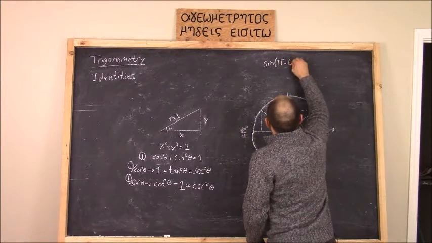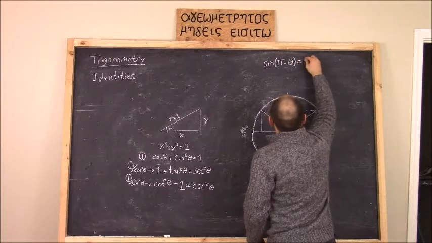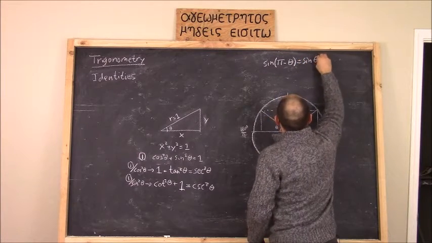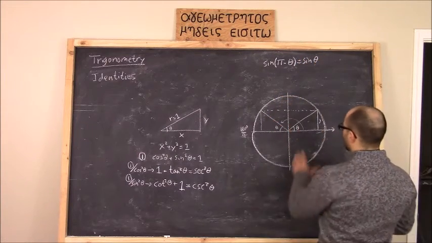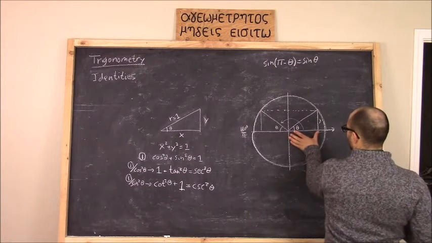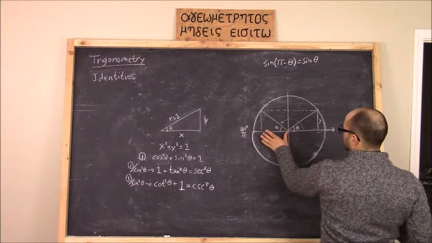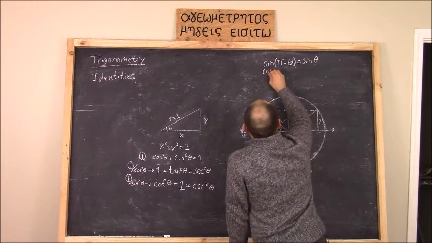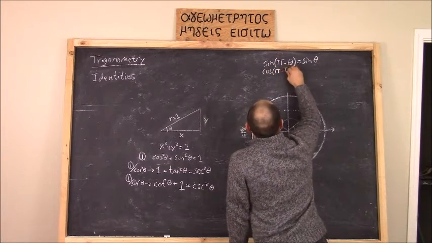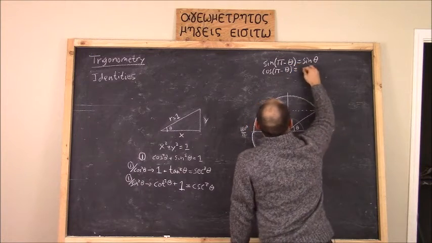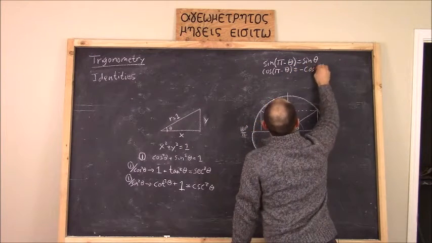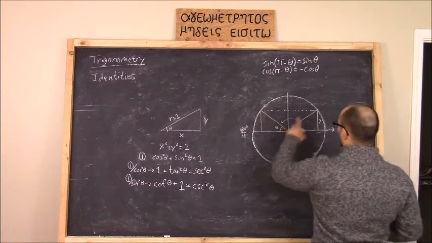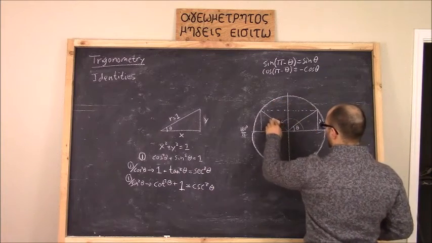Sine of pi minus theta is equal to sine theta. Now if we do the cosine, the length is the same, but it's now on the negative side. So cosine of pi minus theta is equal to negative cosine theta. So we went from the first quadrant to the second quadrant.